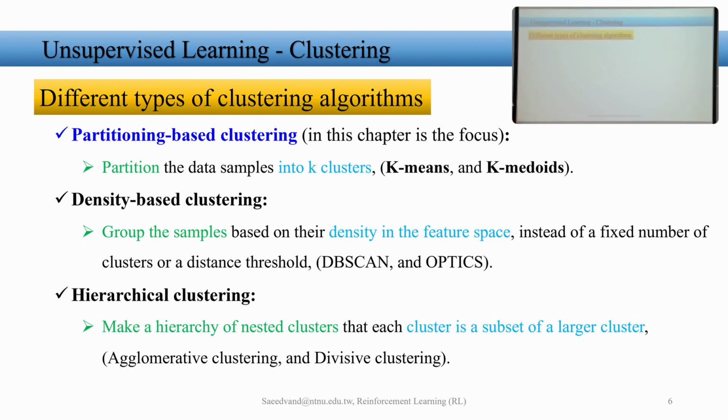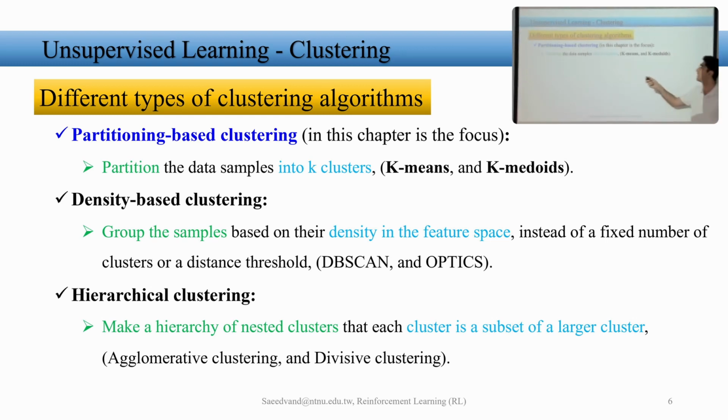Now, let's have a look at what different types of clustering algorithms exist. First of all, we said that in unsupervised learning, we have three important applications, including anomaly detection and clustering. Here we want to focus on the different clustering algorithms. The first one is partitioning-based clustering that tries to partition the data.